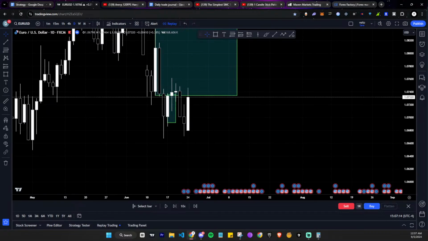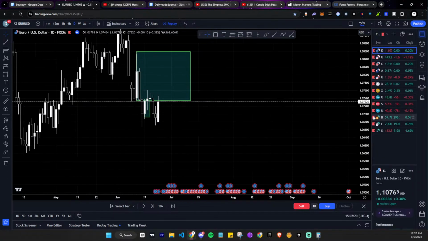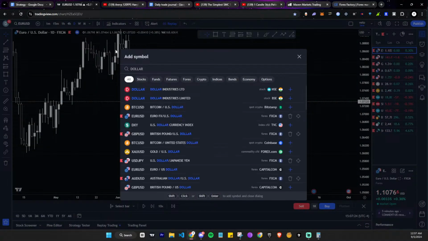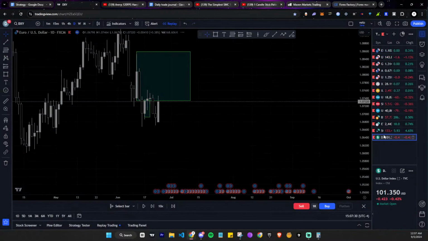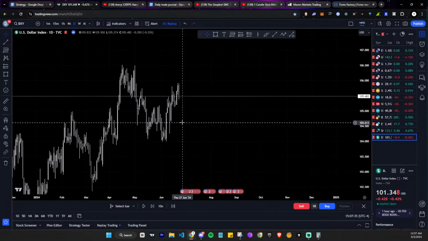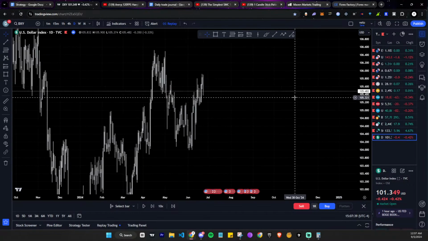Why not use DXY? Oh, you mean the dollar index? Yeah, I should use the dollar index because in this case it's indirectly correlated, right? So the dollar seems to go higher in value, right?